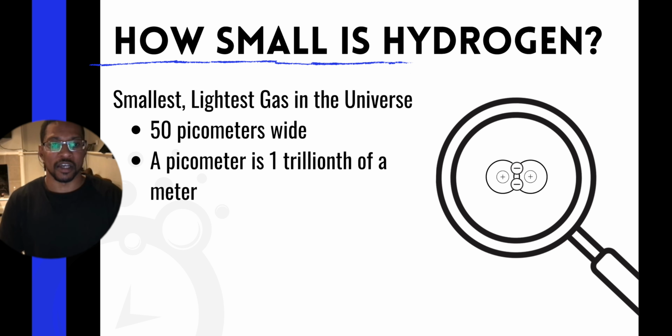As I said, molecular hydrogen is the smallest and lightest gas in the universe. The hydrogen molecule is 50 picometers wide, and a picometer is a trillionth of a meter. So it's tiny, tiny, tiny. You might not have ever heard of the term picometer before this presentation, but now you know it's a trillionth of a meter. It's exceptionally small.